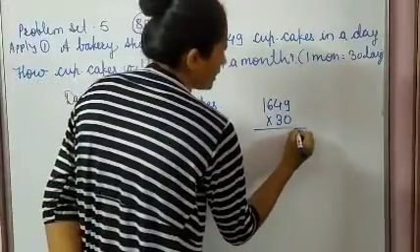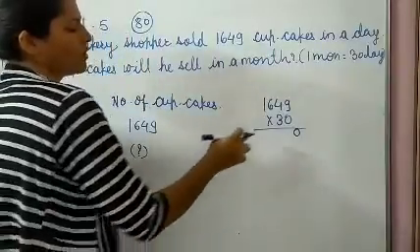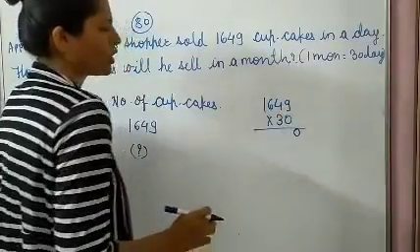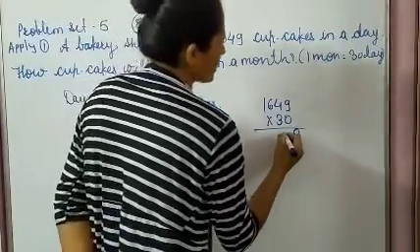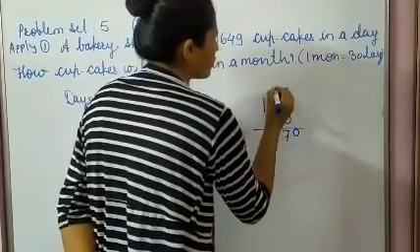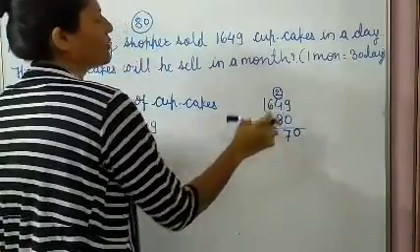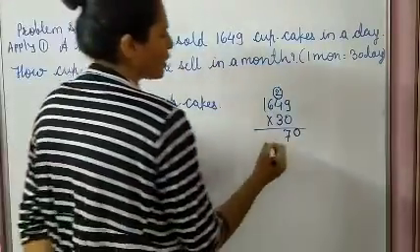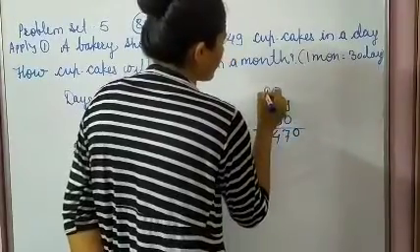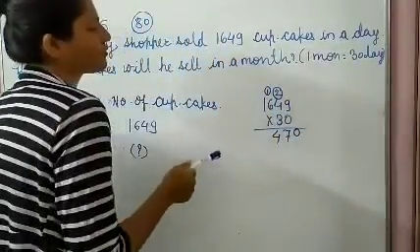So student, now what do you do? See this 0 right here. Now with this 3, multiply with all 4 digits. So 9 3s are 27. 7 is here, 2 will be carry. 3 4s are 12, and 12 plus 2 is 14. 4 is here, 1 will be carry.